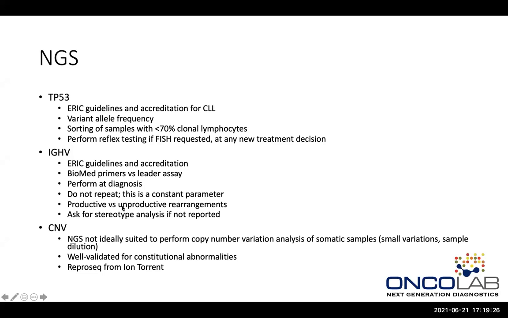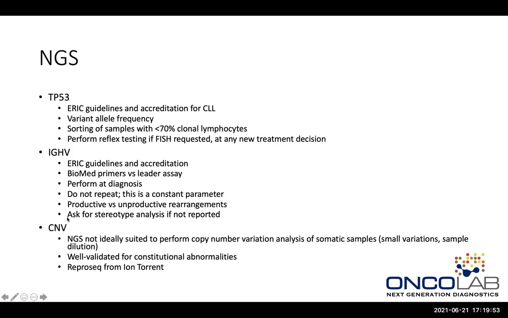It's a constant parameter. On our report, we will state, is IGHV mutated or unmutated? If it is clonally rearranged, we will say, is it a productive or an unproductive rearrangement, which basically means, is this B cell receptor translated and expressed on the cell or not?